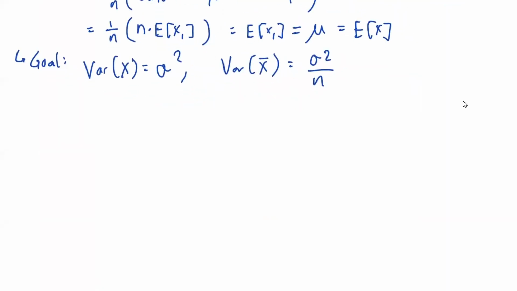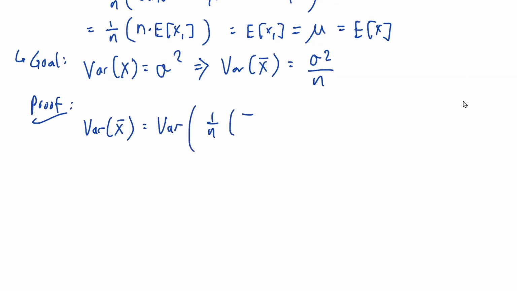So what I want to do, I'll start off with the conclusion we want. Actually, this should be implies that. So variance of x bar, what is it? Again, you substitute x bar with 1 over n times x1 plus x2 all the way to xn. Okay? Then what happens when you have a constant here? You can factor it out from the variance.